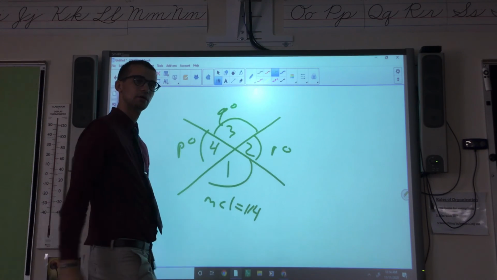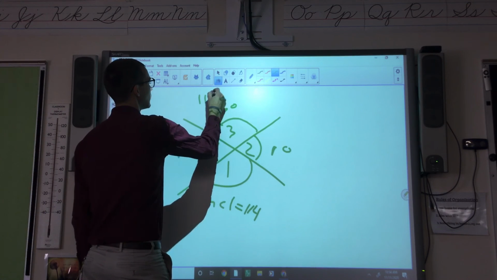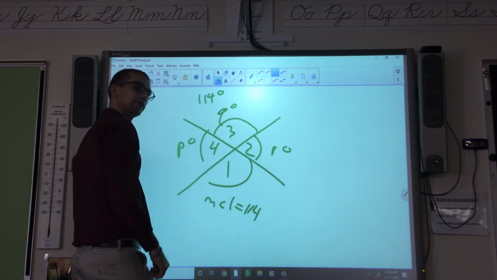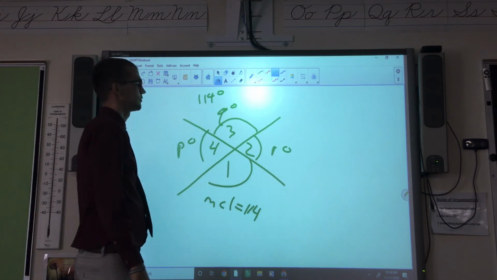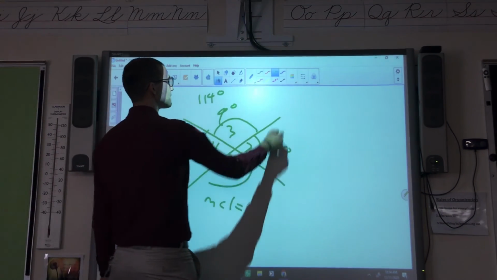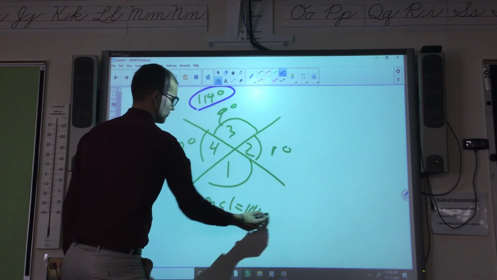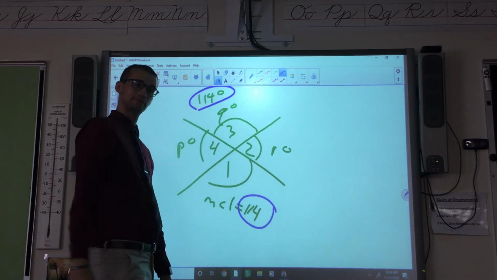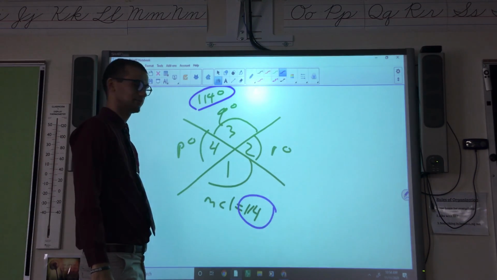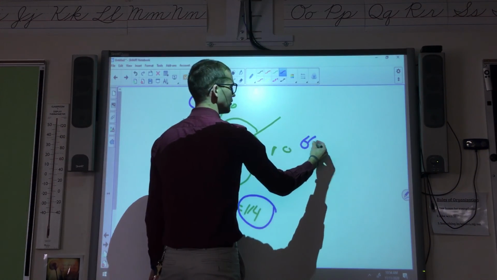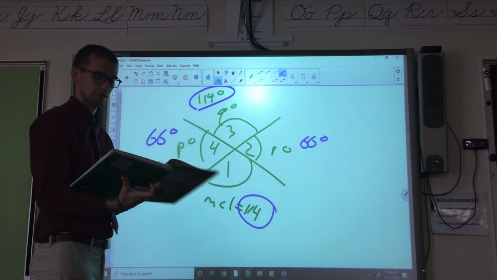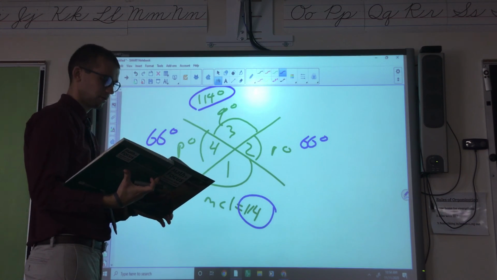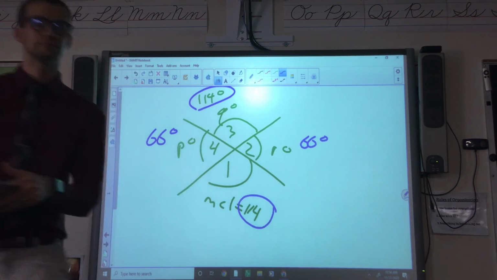Which other one? 3. Yeah. And then 114 or 180 minus 114, which is 66. No, it's 66. Yep, because they're vertical angles. And that's it. You can start your assignment.